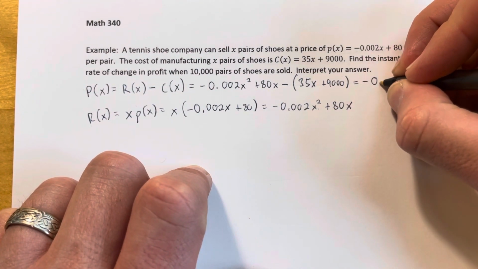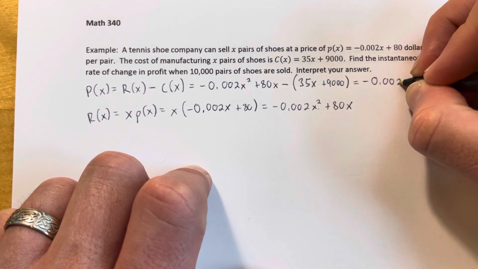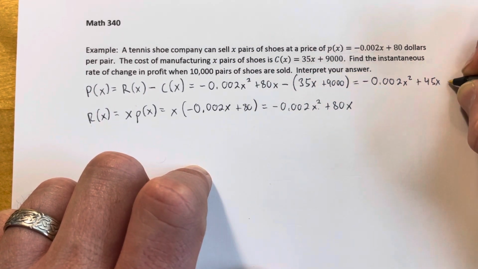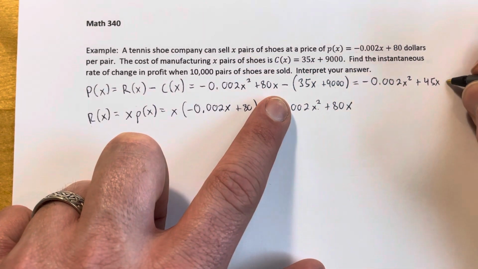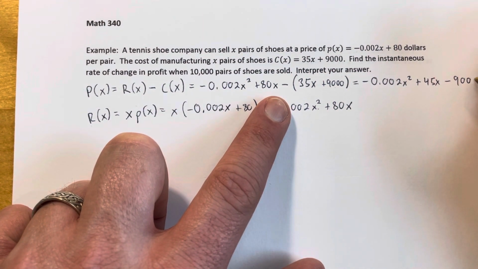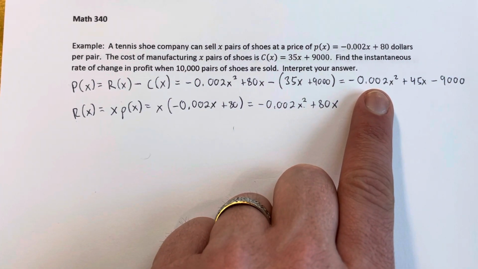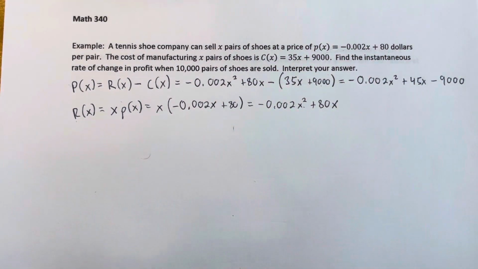That means that I have negative 0.002x squared plus 45x. Then the minus will be distributed to the 9,000 as well. So I have minus 9,000. So this right here is the function whose instantaneous rate of change I'm actually looking for.